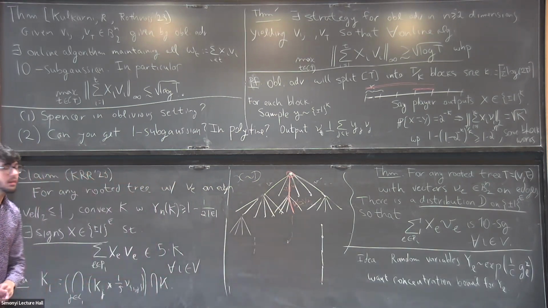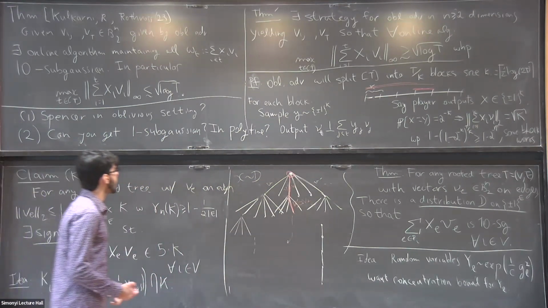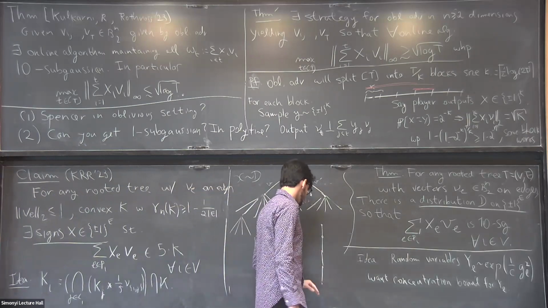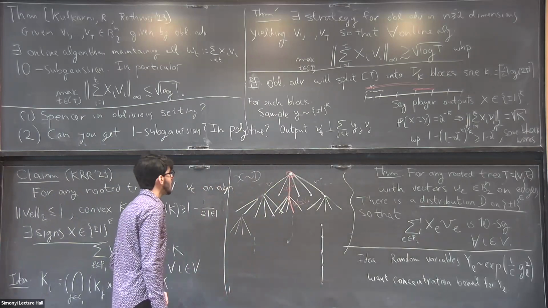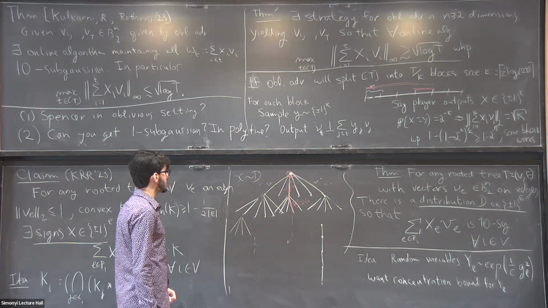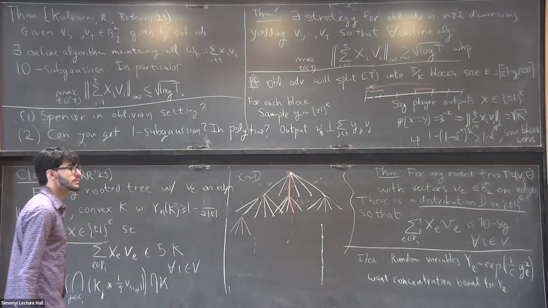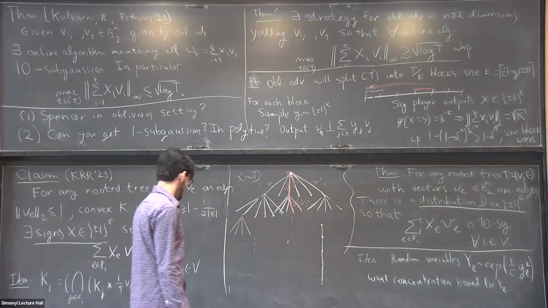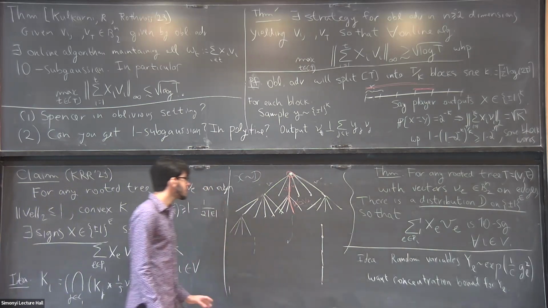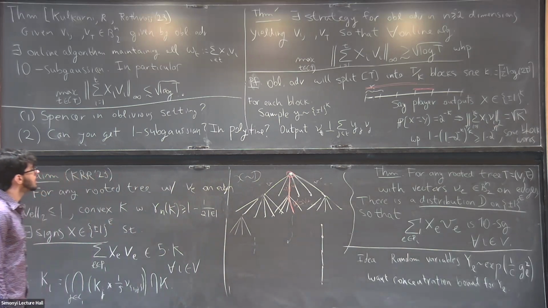So we just have one path instead of a tree. And your question is whether you can pick independent signs if you only care about the sum, since maybe that makes it easier. I'm not sure. Maybe.